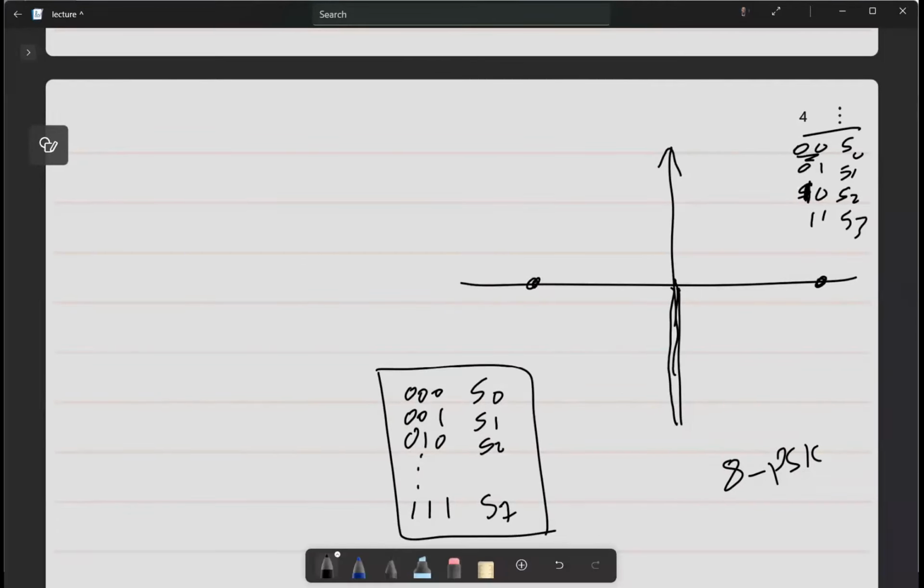If we take this 8 phase shift keying, the power will be the same for every symbol because we change only the phase. So here we will have these 8 symbols: symbol 0, symbol 1, symbol 2, symbol 3, symbol 4, symbol 5, 6, and then 7.